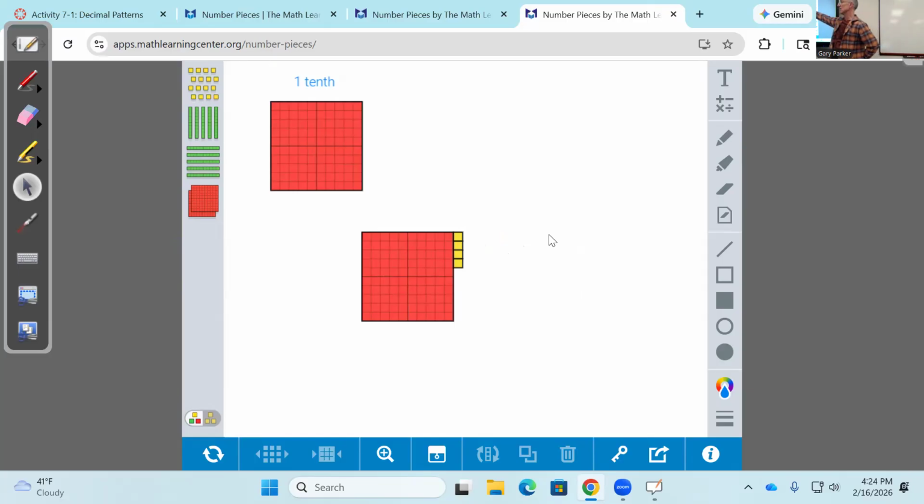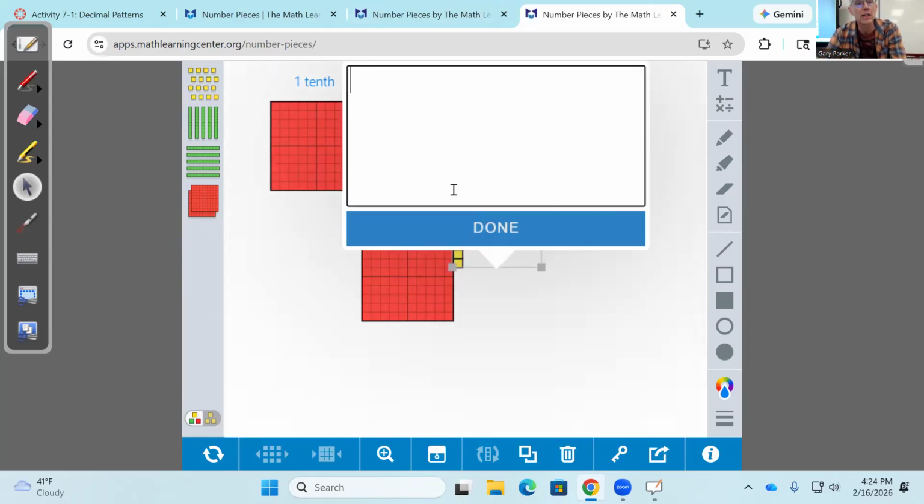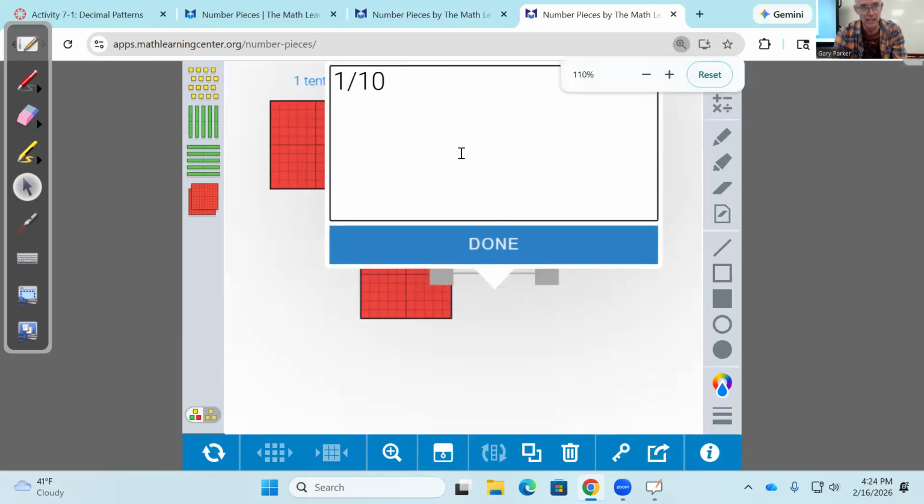The hundredths would be the skinny ones. I don't have any of those. So what I have here, again, if the red is 1/10, I have 1/10. And I have 4 of those other pieces, which aren't hundredths. They're the next smallest, which have to be thousandths.